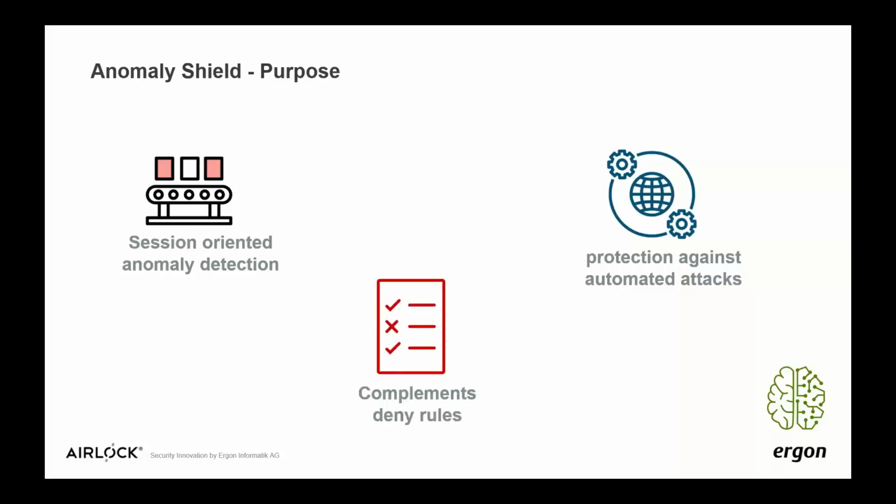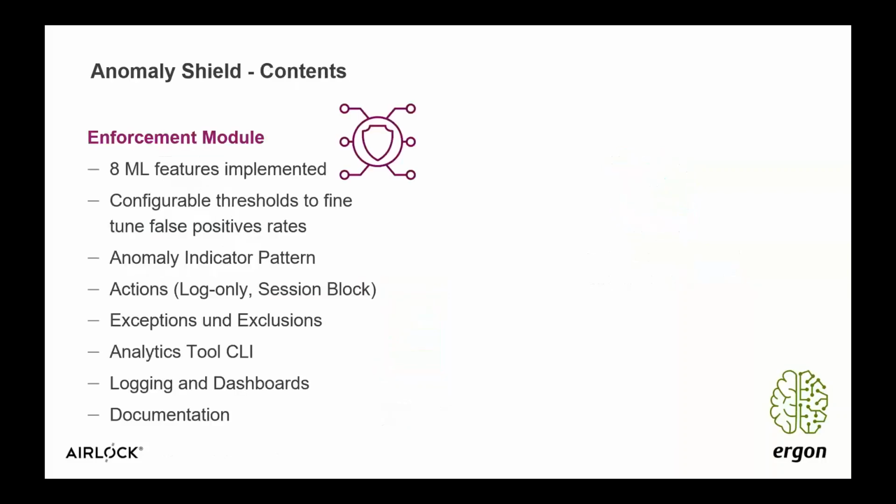The whole thing is a complement to the already existing deny rules. So you can imagine it's like an automated allow rule recognition thing. And it's actually composed of two parts.